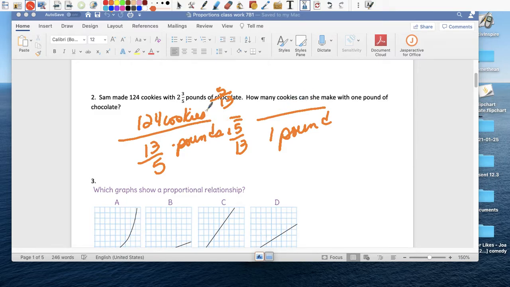And you can use your calculator: 124 times 5 divided by 13 gives you 47. And we're going to round this to the nearest hundredth. So we get 47.69 cookies. So with 1 pound of chocolate, we could make 47.69 cookies. That's your unit rate. Okay.